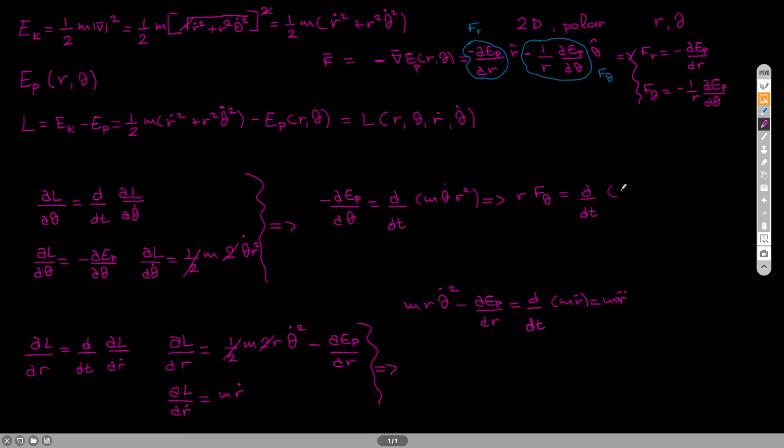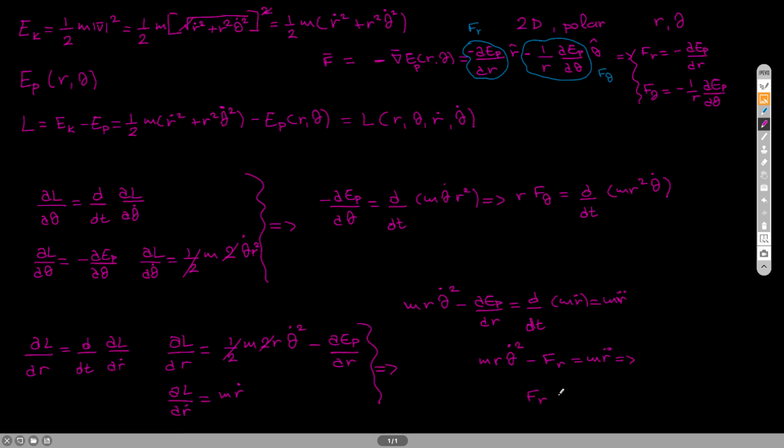d over dt, I'm not going to change that, mr squared theta dot. And let's see how that changes. So this becomes mr theta dot squared. Now I have minus the partial of EP with respect to r, and this is exactly equal to the r component of the force. And I will rearrange things here.